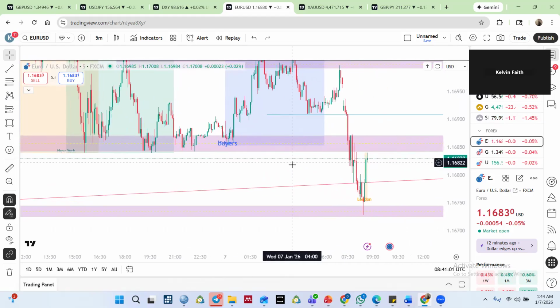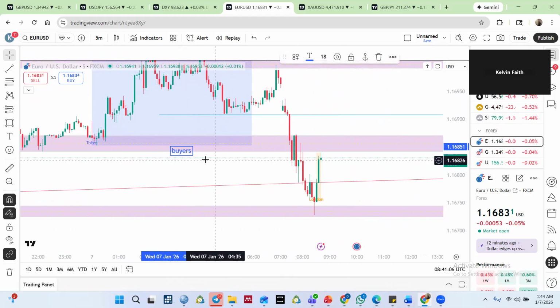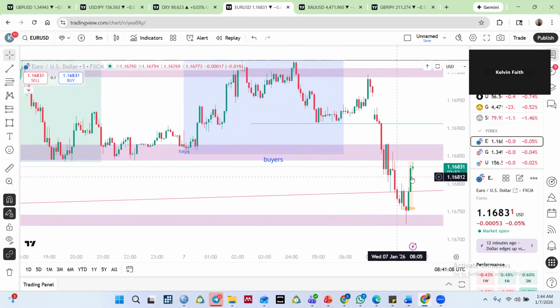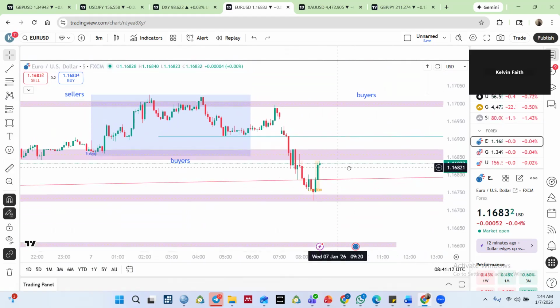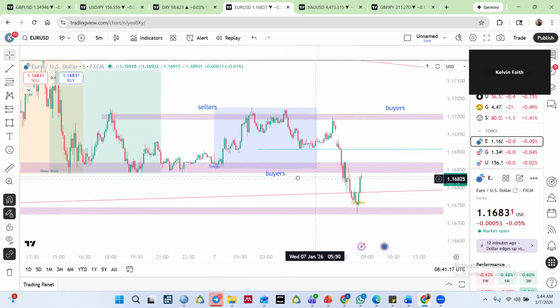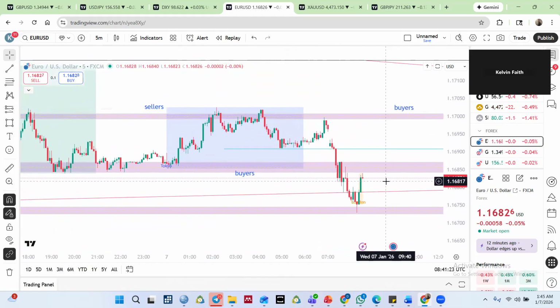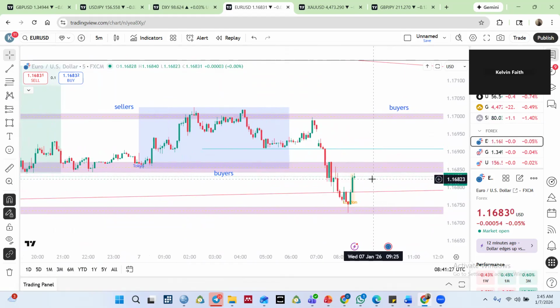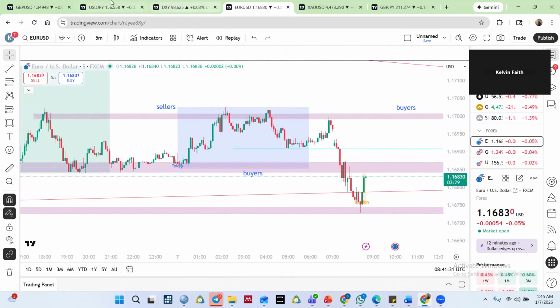We need price to come into this level where buyers were previously, and we need price to stay above this area so that the market will continue to push up. Once all these requirements are satisfied, the 30-minute candle closes bullish, 1 hour candle closes bullish, at least that is going to give a very good indication for buys to happen.